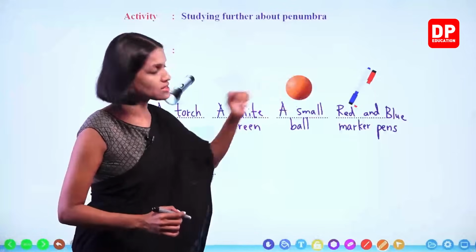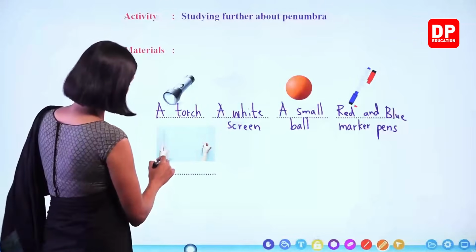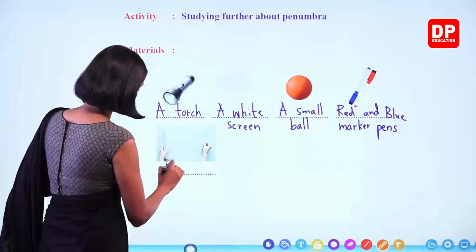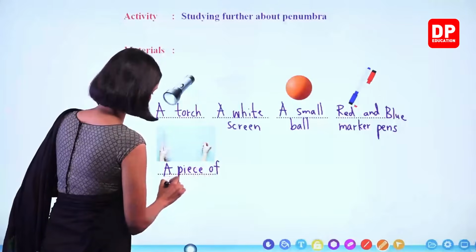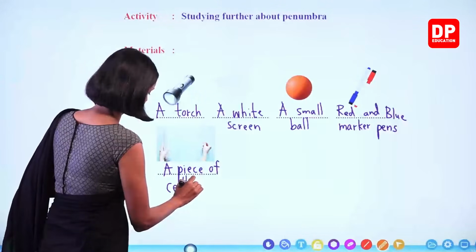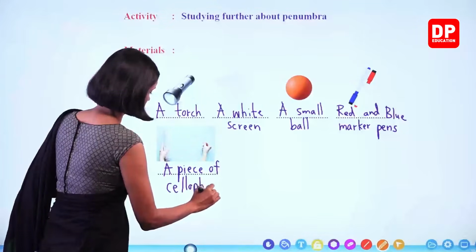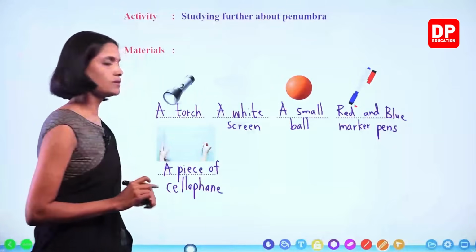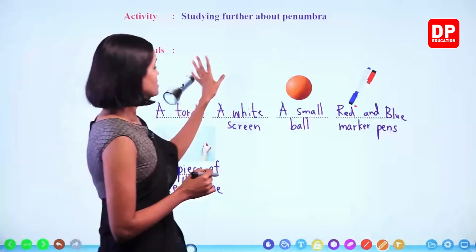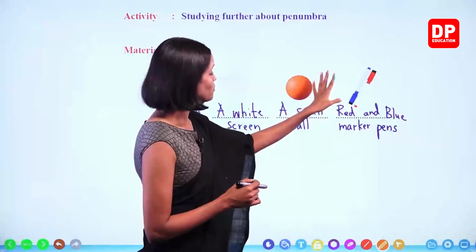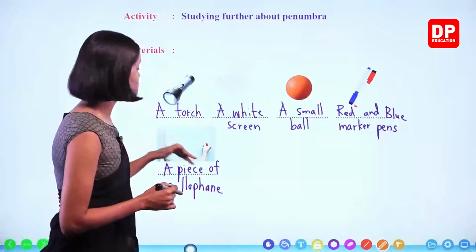You can use colored cellophane as well, okay? And a piece of cellophane. Right, children? A torch, a white screen, a small ball, red and blue marker pens, a piece of cellophane.